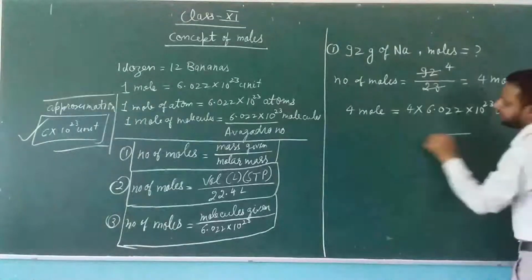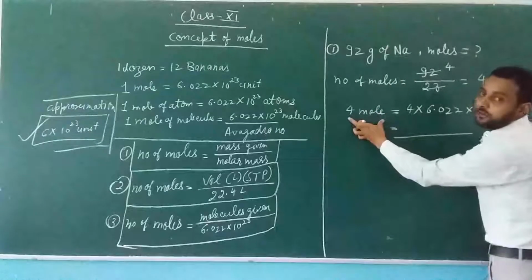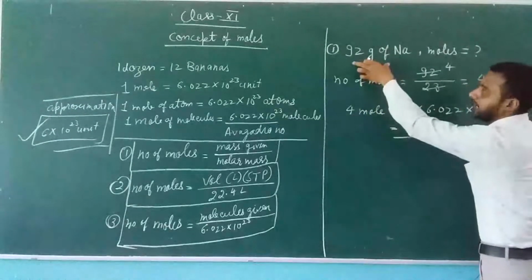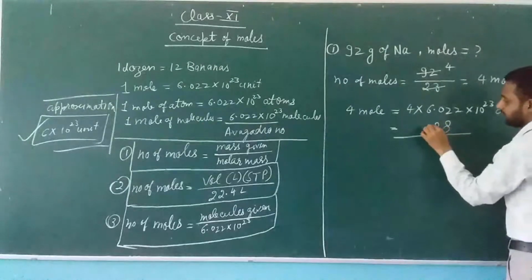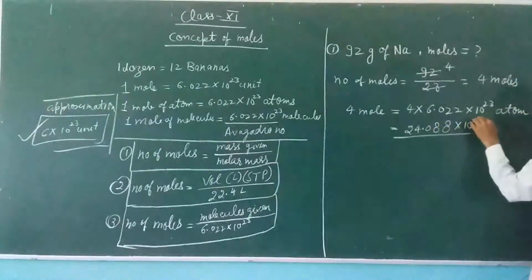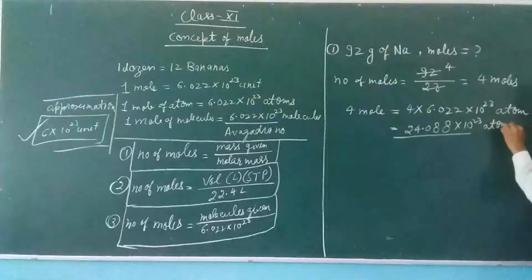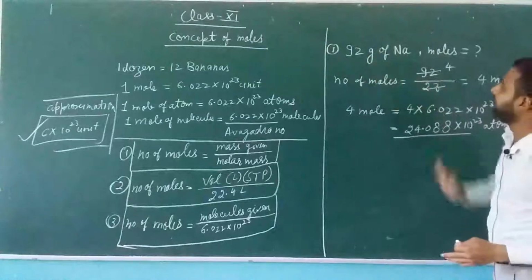By this calculation we can find out the number of atoms present in 4 mole of sodium, or we can say 92 gram of sodium.